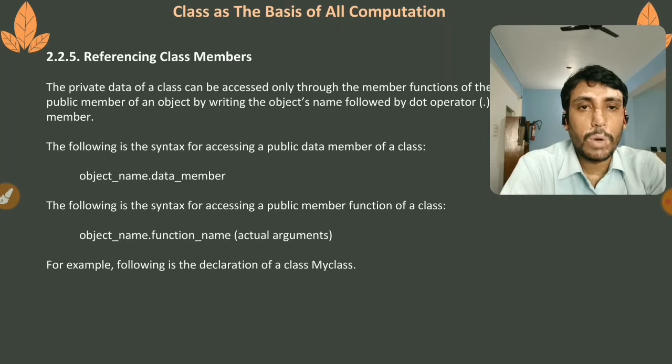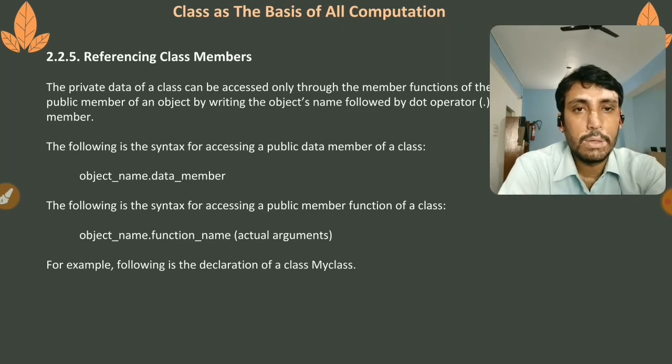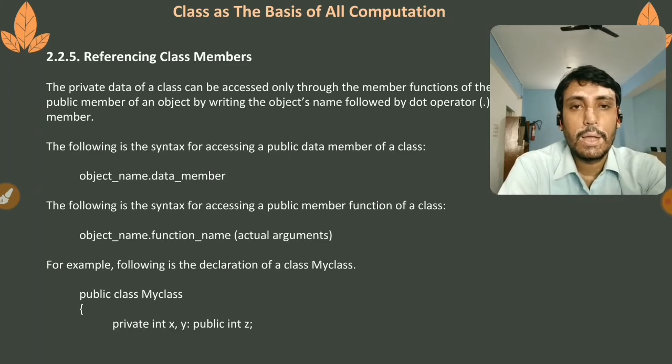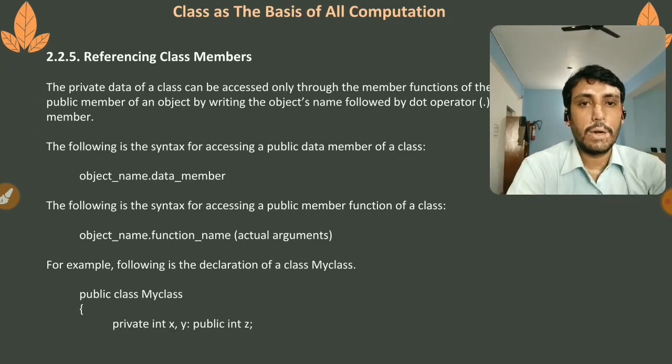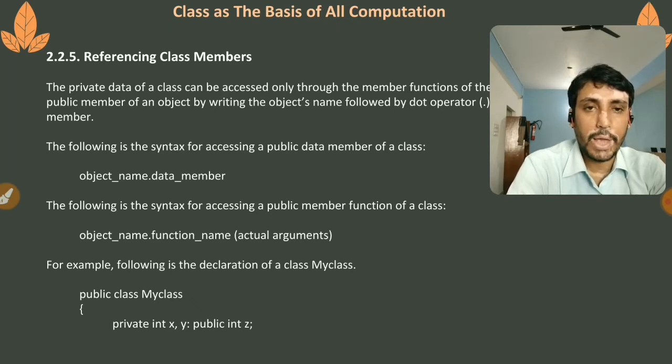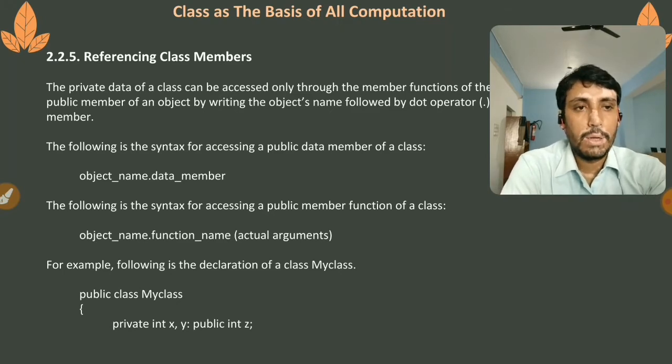Okay, so let's look at one example. Public class MyClass, and there are three variables declared. Two variables are integer type and private, and one variable is public, also integer type. So x and y are private and z is public.